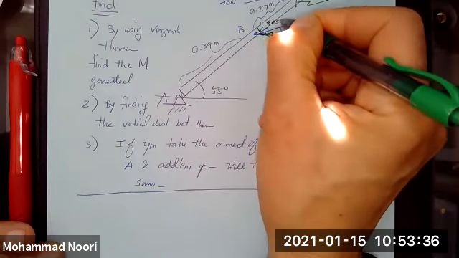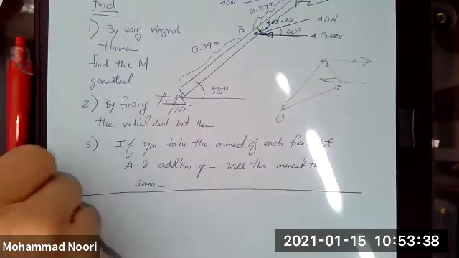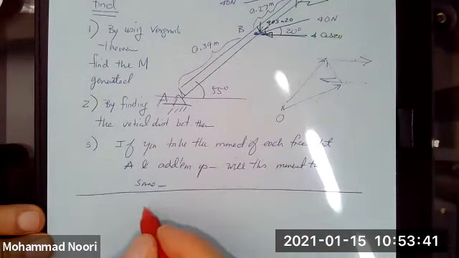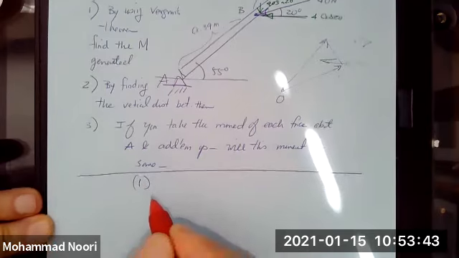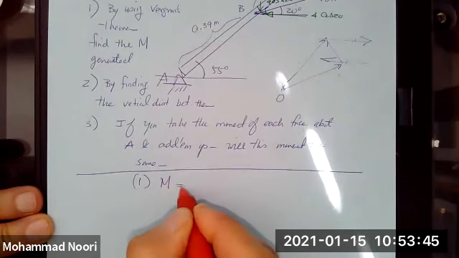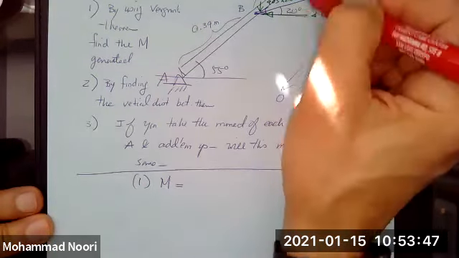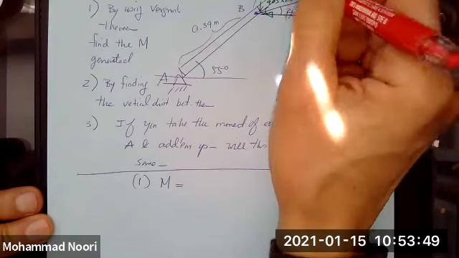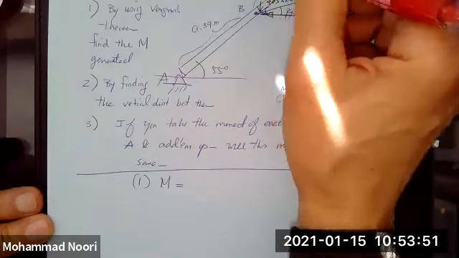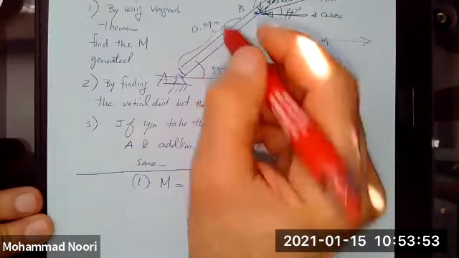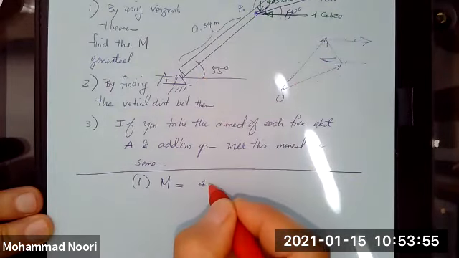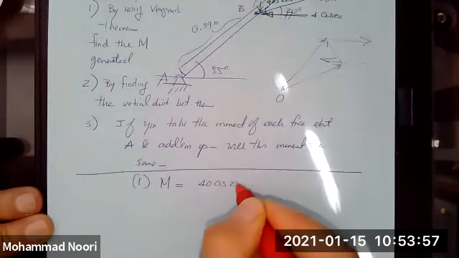So in order to find the moment in case 1, you simply write down the couple moment generated by these two, which would be obviously clockwise, right? So it would be 40 cosine 20.